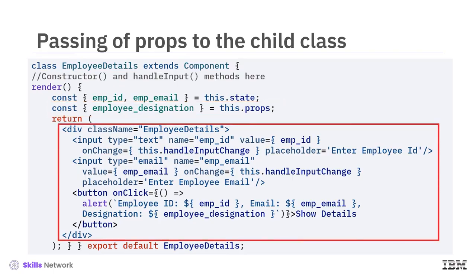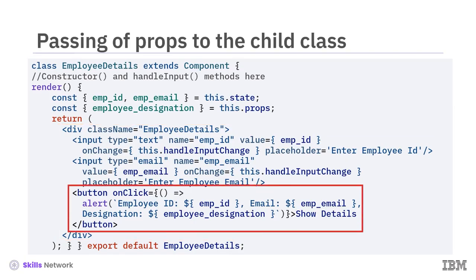In the JSX, the employee designation is concatenated with the other values, EMP-ID and EMP-email. When clicking the Show Details button, an alert is triggered, displaying the values of EMP-ID, EMP-email, and employee designation.